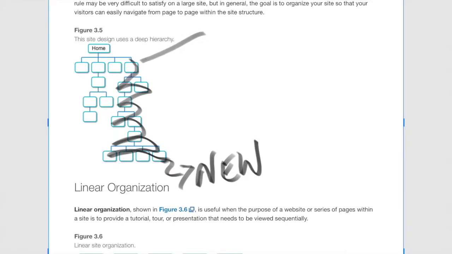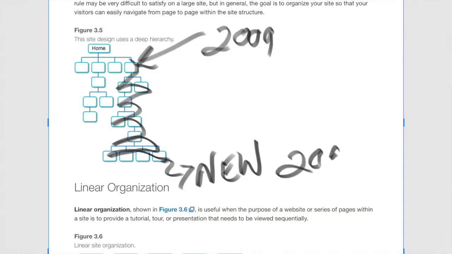Now, perhaps this page up here was written in 2009, and this one down here is written in 2019. This is a decade worth of time in between those two pages. That's a huge amount of time for things to go wrong.